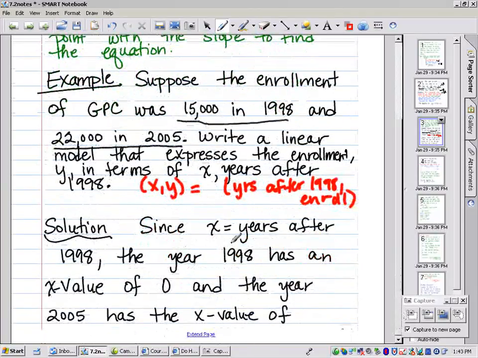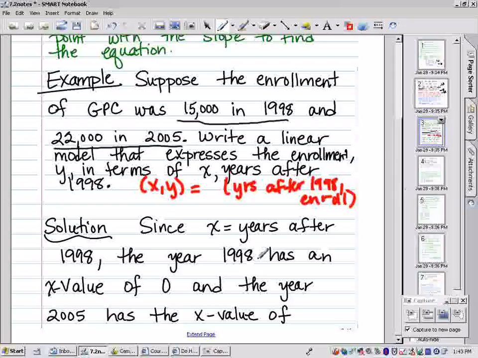Well, since we just said x is the years after 1998, the year 1998 has an x value of 0, right? Because 1998 is 0 years after 1998. And the y value for that particular year was 15,000, so we know that's one of our points.